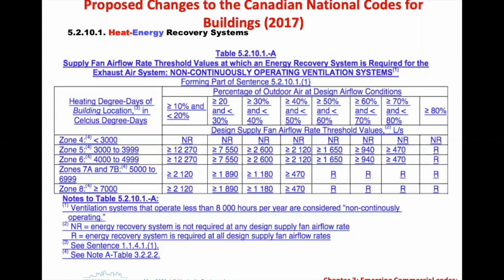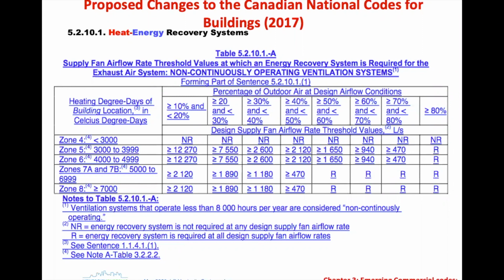This is for non-continuously operating ventilation. So what this means is less than 8,000 hours per year is considered non-continuous. So if you're on a schedule or doing part-time ventilation, then you can fall into that.